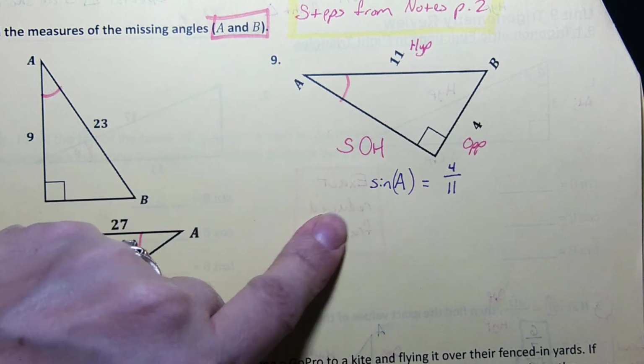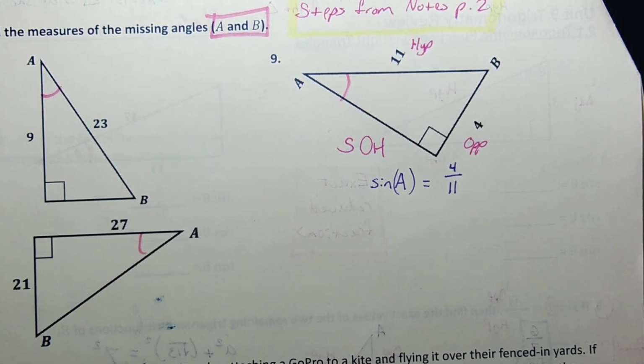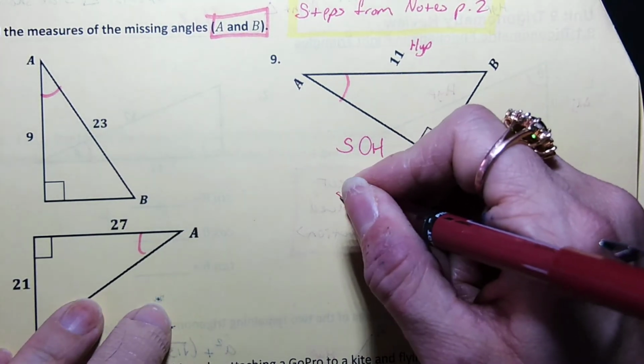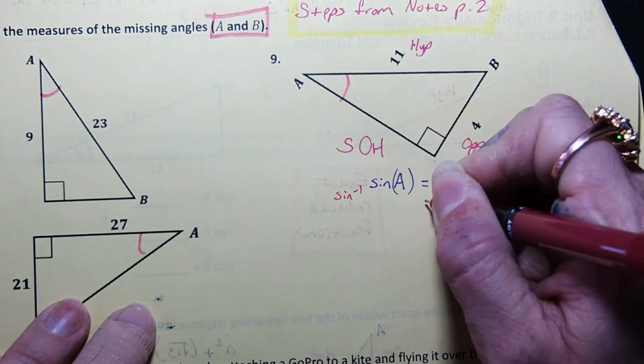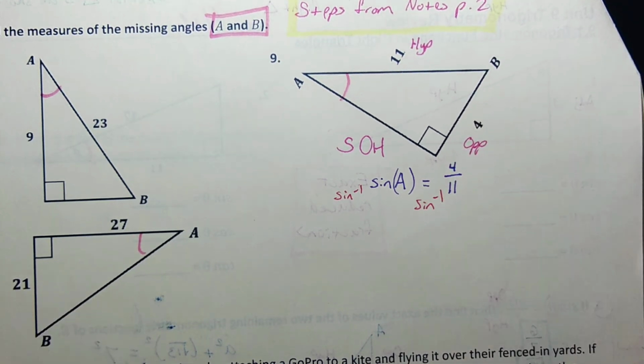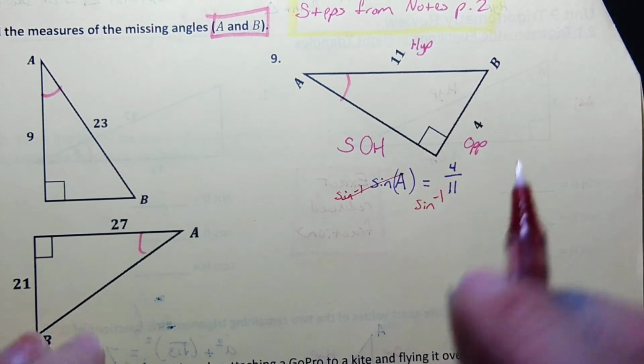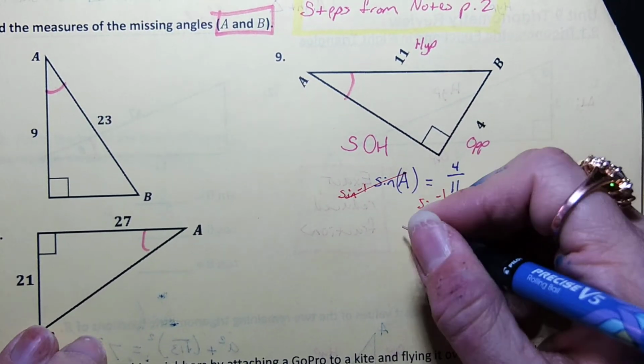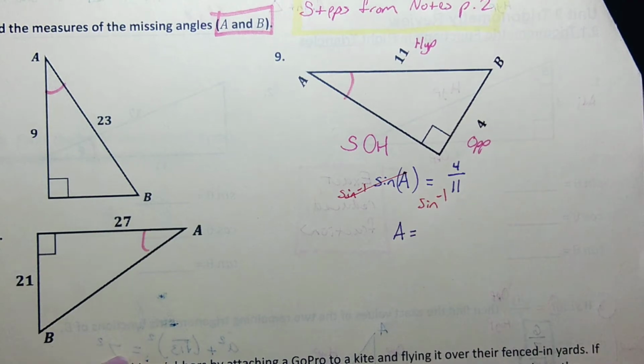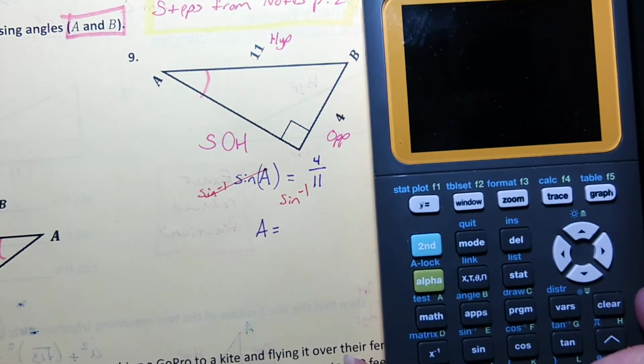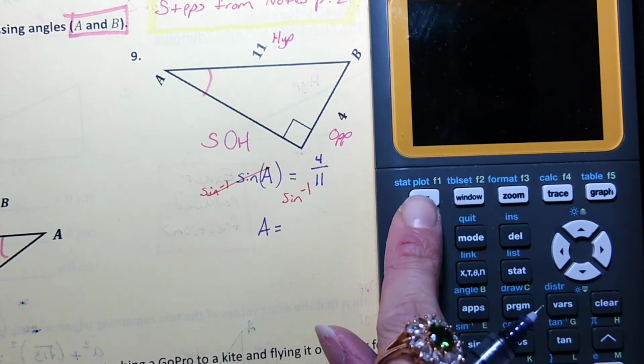This is where we inverse sine both sides. So if we have a variable trapped inside a trig function, that's where we use inverse sine, which is written as sine to the -1, but it's read as the inverse of sine. Cross those out. That breaks out the A. And then on your calculator, remember inverse sine is second sine.